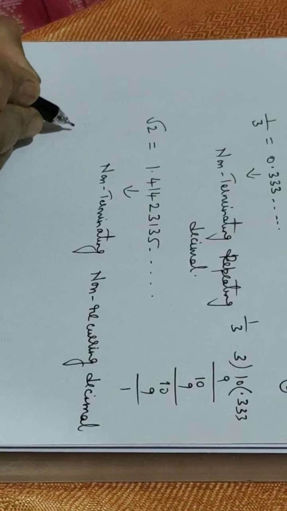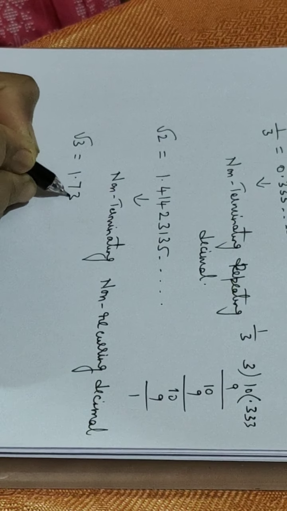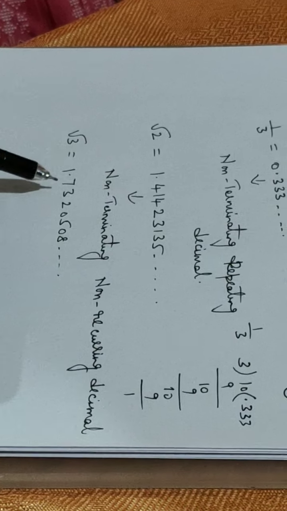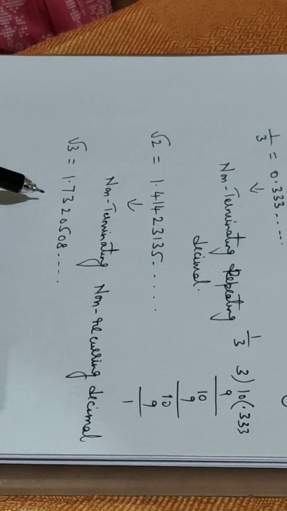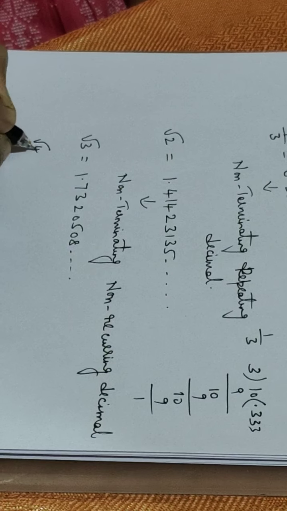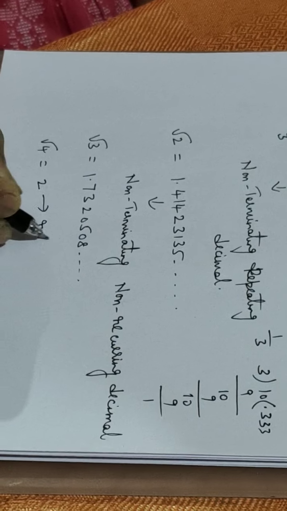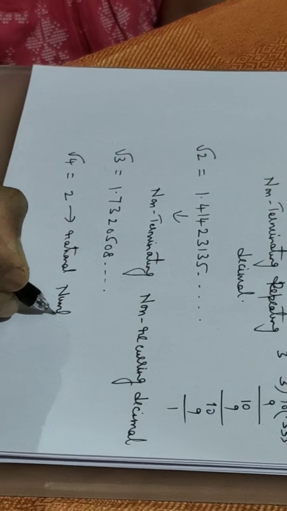Similarly, if you find the square root of 3, we will get 1.7320508 and so on. So this is also an example of a non-terminating and non-repeating decimal. If you find the square root of 4, you will get 2. This is a rational number.